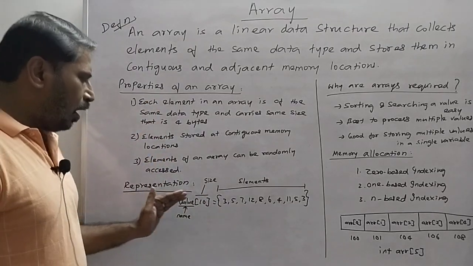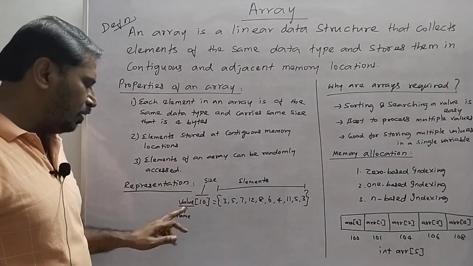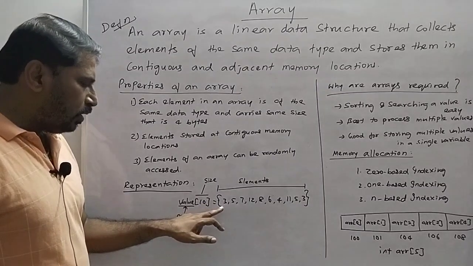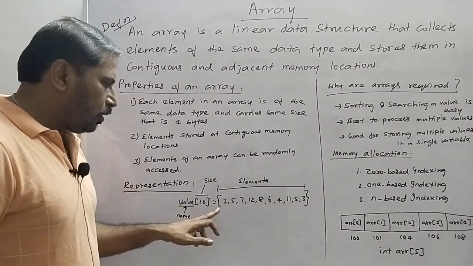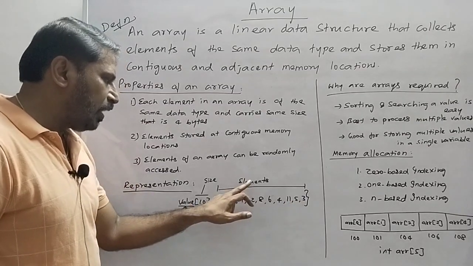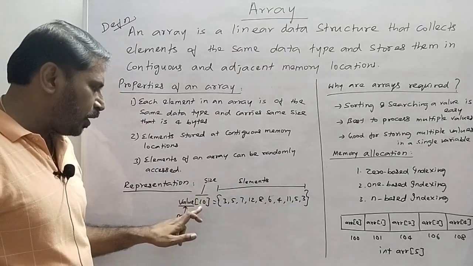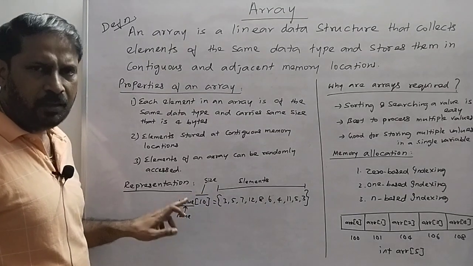For example, how is the array represented? In the representation given here, suppose value[10] is equal to, we are giving 10 numbers here. These numbers we call elements, and the 10 is the size of the array, and value is the name of the array.